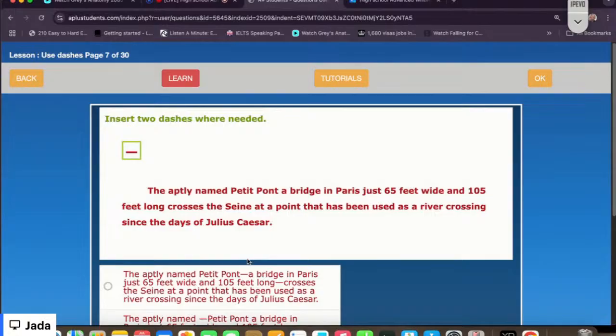So the aptly named Petit Pont, a bridge in Paris, just 65 feet wide and 105 feet long, crosses the Seine at a point that has been used as a river crossing since the days of Julius Caesar.